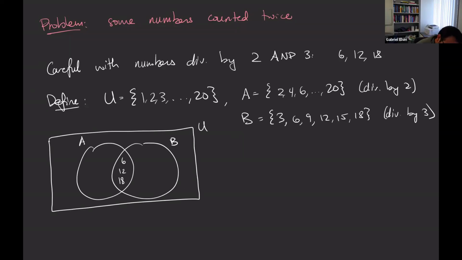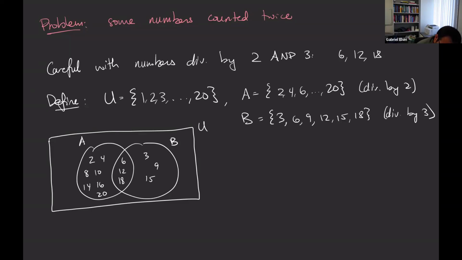And then what are the other numbers that go in this? 2, 4, 8, 10, 14, 16, and 20. And 3, 9, 15. I think that's it.